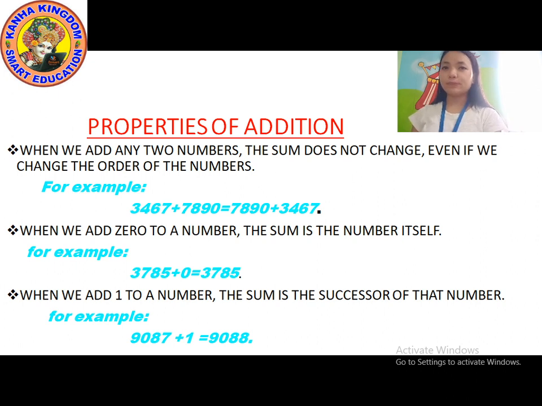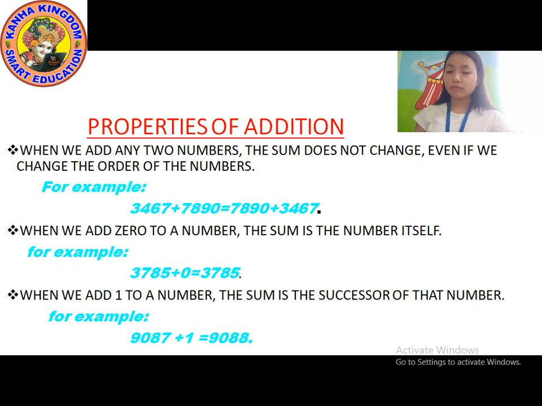So, for example, 3467 plus 7890 is equal to 7890 plus 3467, right? We change the order, but we all know that we will get the same sum, right?